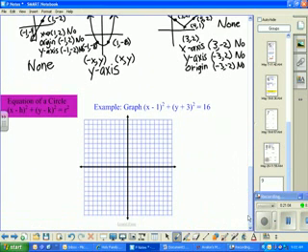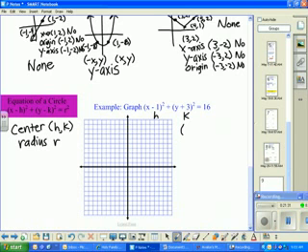Last thing we want to talk about is an equation of a circle. This is the equation of a circle, and the center is the h and k values, and radius is a value of r. So our equation that we are dealing with, our h is always with x, our k is always with y.